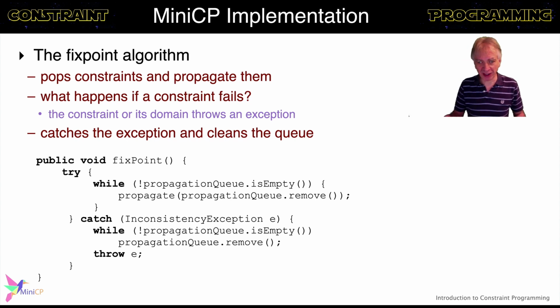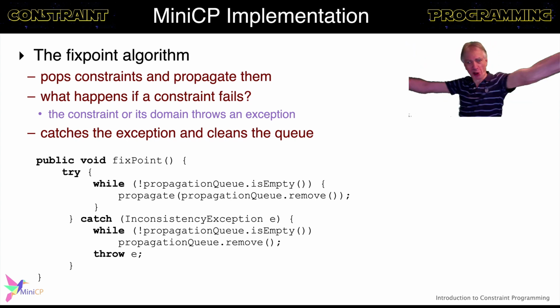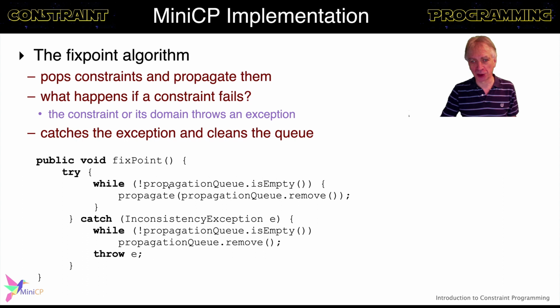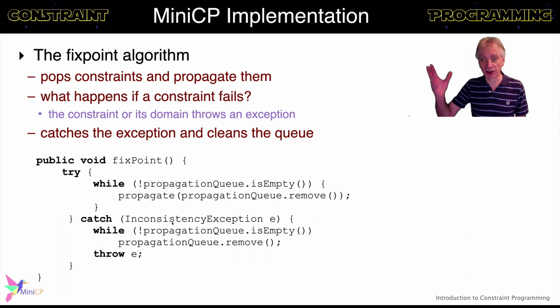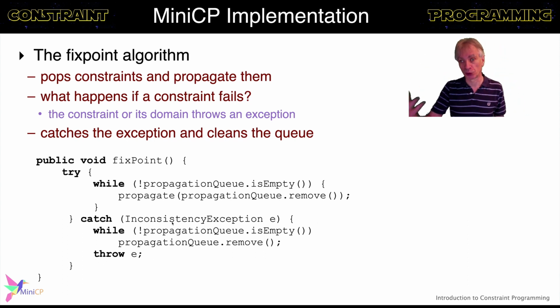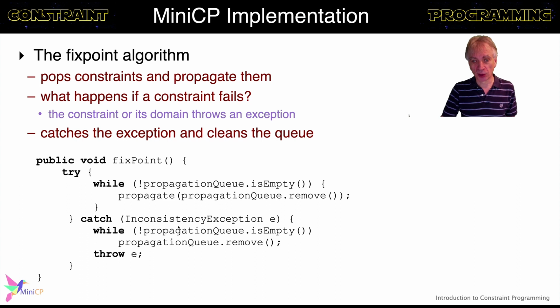Okay, so this is the fixed point algorithm in all its glory, right? So you have this propagation queue. As long as it's not empty, you are propagating a constraint. So you remove a constraint from the queue, you propagate that constraint. Now, if something fails, if there is a failure, you're going to catch this inconsistency exception that is going to be thrown. And what you do is you clean the queue and then you throw that exception again.